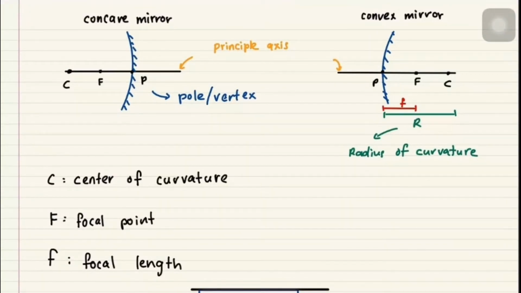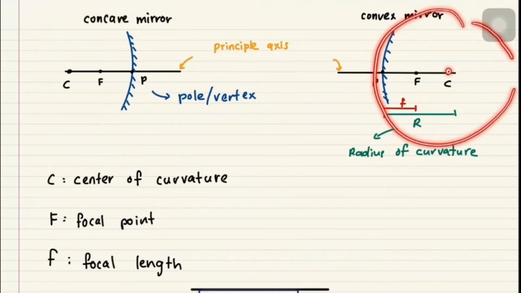Remember, I told you before, this mirror is actually part of a bigger sphere or a bigger circle. So you can imagine the center of the circle, if this is my imaginary sphere, it will be over here. If this is my C, the center of curvature, basically it is the distance from the surface toward the center.